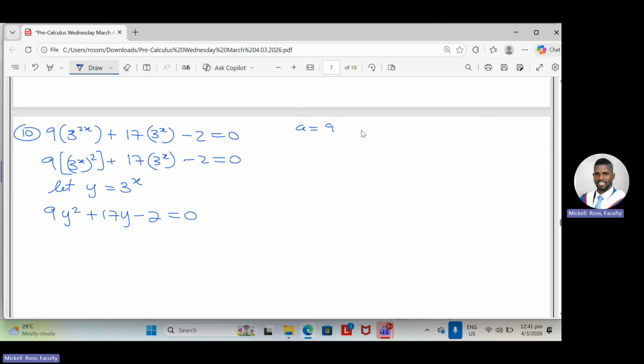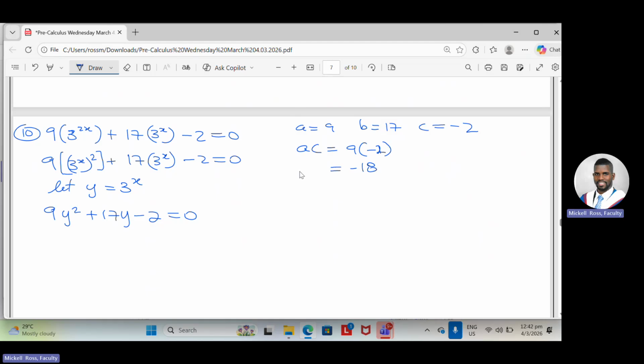A is equal to 9, B is equal to 17, C is equal to negative 2. AC is going to be 9 times negative 2, which is equal to negative 18.